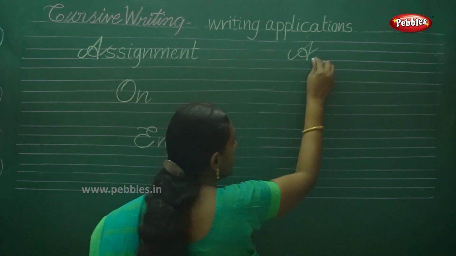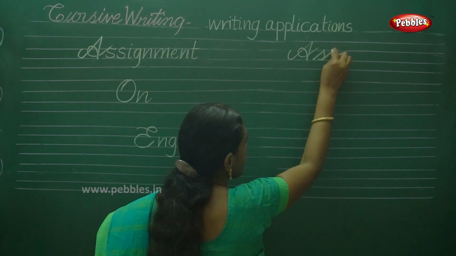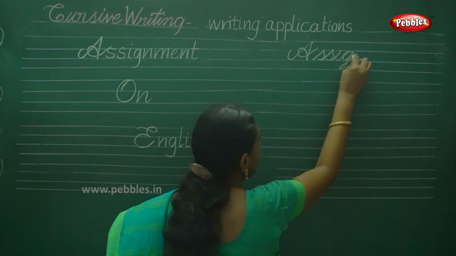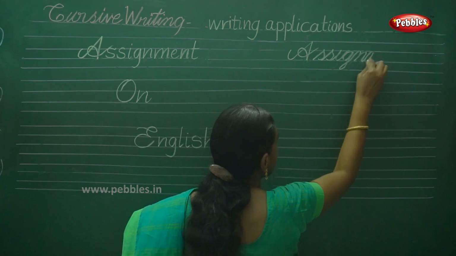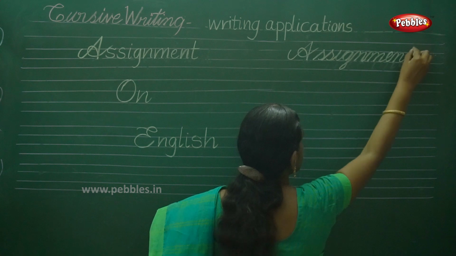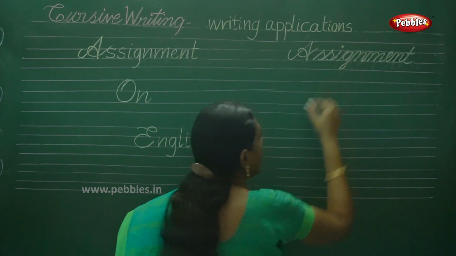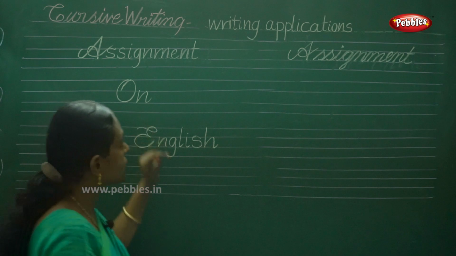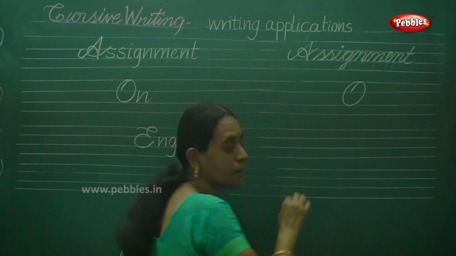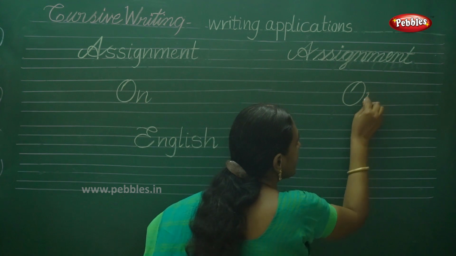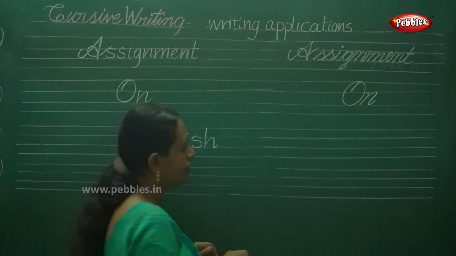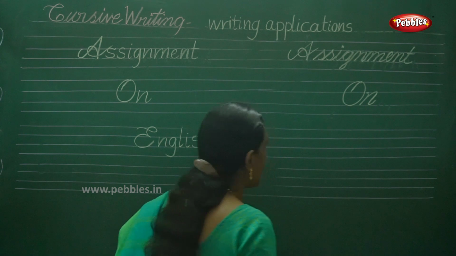Okay, already we learned, that is A, S, S, I, G, N, M, E, N, T. Okay, assignment. And next one is on, that is cursive O, cursive capital O and N, that is the cursive N. Assignment on, okay, maths, mathematics or maths.